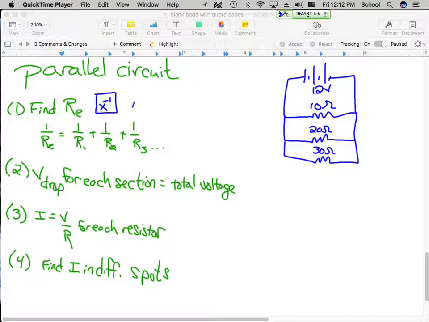So you're just going to hit 10 to the minus 1 plus 20 to the minus 1 plus 30 to the minus 1 equals, and then you're going to hit x to the minus 1 at the end, because you need to invert your answer also, because that'll give you 1 over RE, and we want RE, not 1 over RE. So try that.